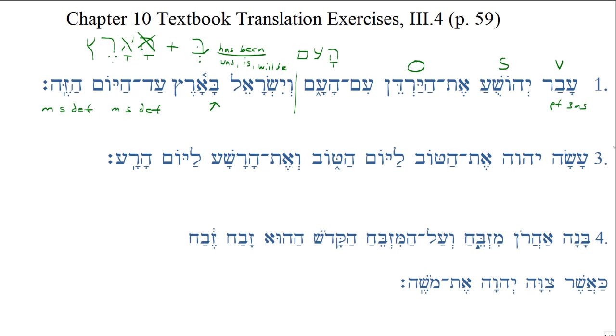Let's move on to number 3. Asa Adonai et hatov layom hatov, ve'et harasha layom hara. Again, we see an atnach here, dividing the verse into 2 pieces. And notice what's called the tetragrammaton, the name of God, the personal name of God. It's this Yod He Vav He.